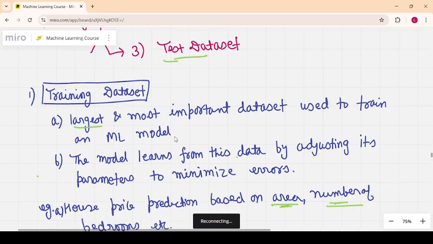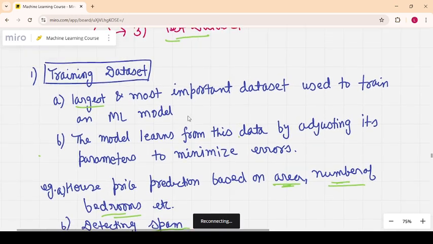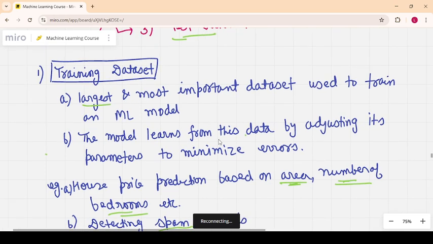I have written it here. You will see the training dataset. It is the largest and most important dataset used to train the ML model, as I discussed earlier. Here the model learns from the data by adjusting its parameters to minimize the error.